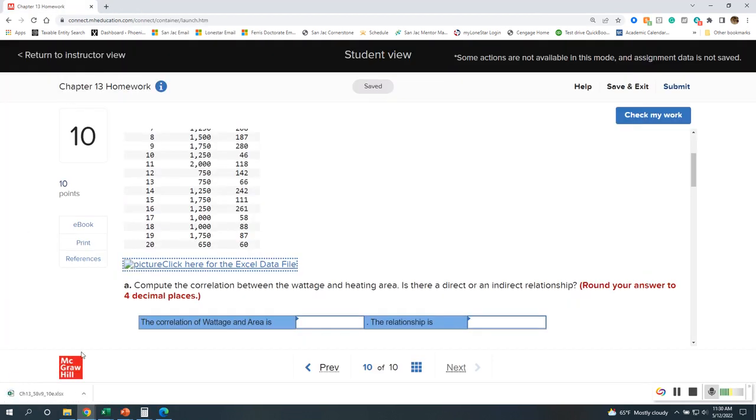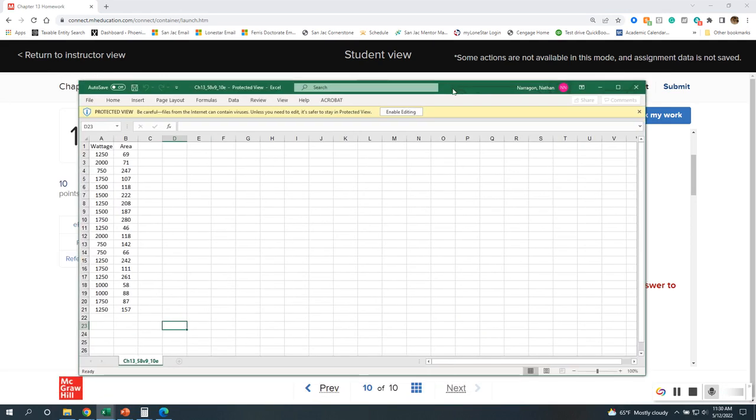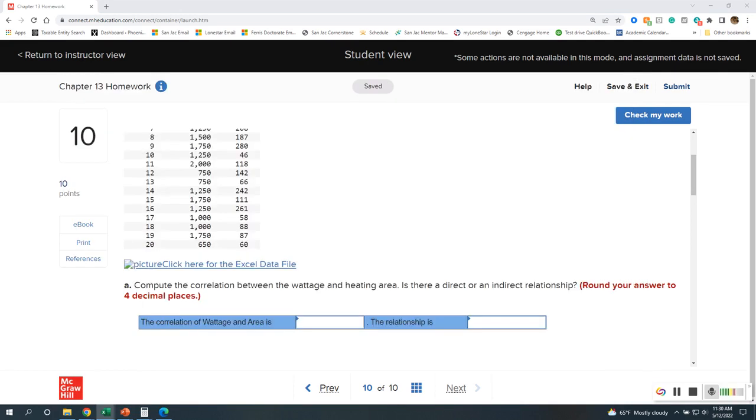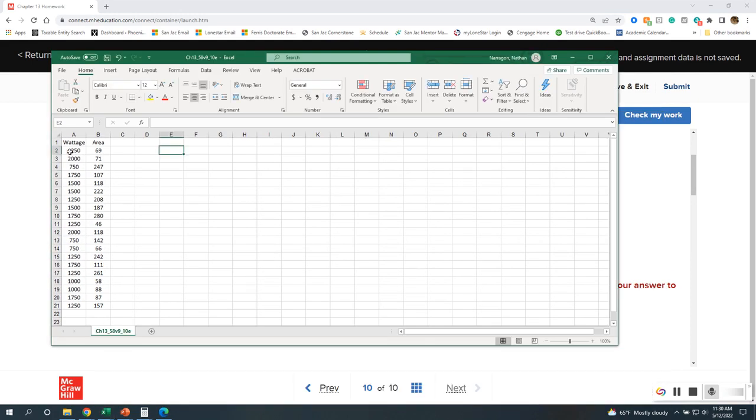Okay, so again, hopefully not too much change. So, do I want to see if there is a correlation? Well, there's two ways. Again, we can highlight.